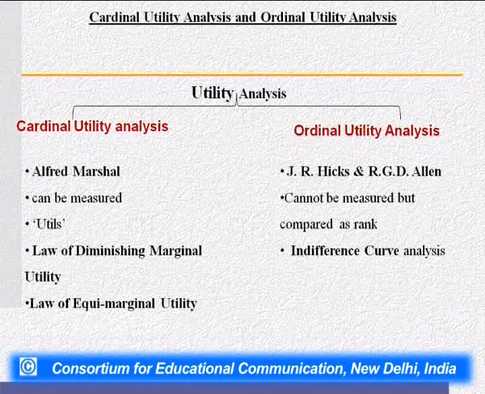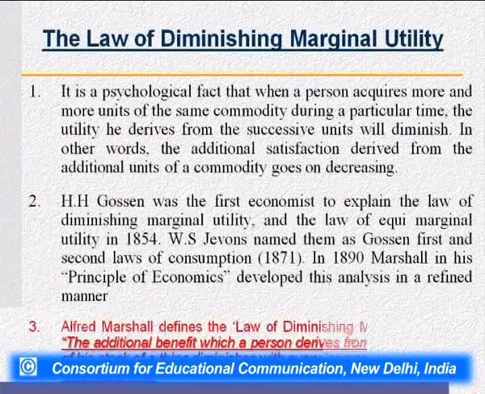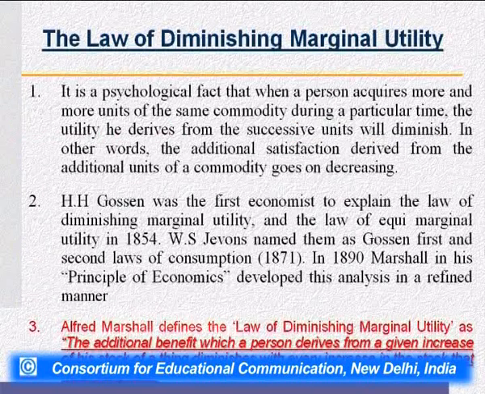So the first one, let's begin, the law of diminishing marginal utility. What is the meaning of the law of diminishing marginal utility? It is very relevant to our general behavior. This law is a psychological fact: when a person acquires more and more units of the same commodity during a particular time, the utility he derives from the successive units will diminish.